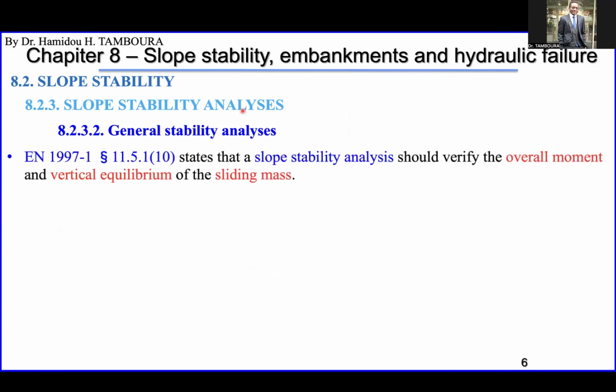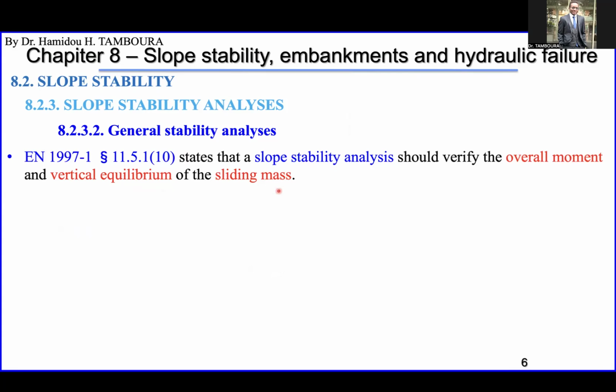So in Eurocode 7, part 1, this section is saying that slope stability analysis should be verified for the overall moment and vertical equilibrium of the sliding mass.